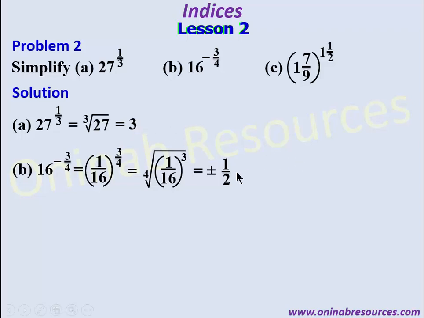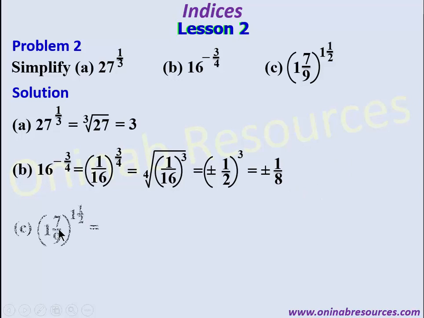So we go ahead to find the cube, and that will give us plus or minus 1 over 8, since negative times negative, positive times negative will still give us negative. That is why we are still having it as plus or minus 1 over 8 as our final answer.